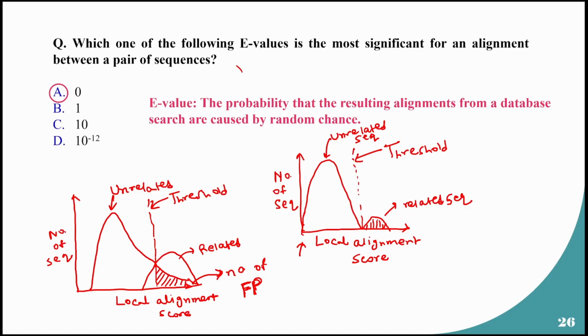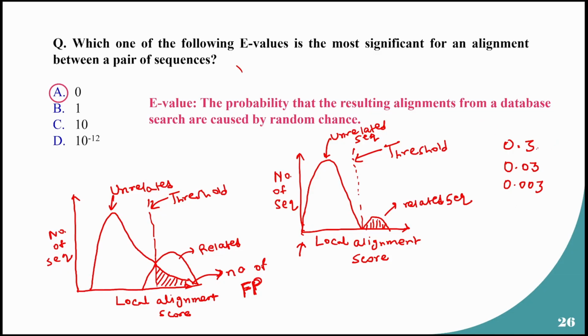Again, for example, if you have some alignment score and the corresponding e-value, let's say you have 0.3, and on the other hand, you have 0.03, and let's say 0.003, and so on, right?